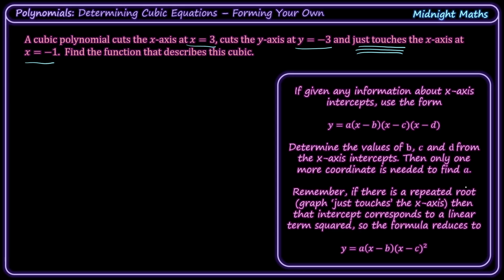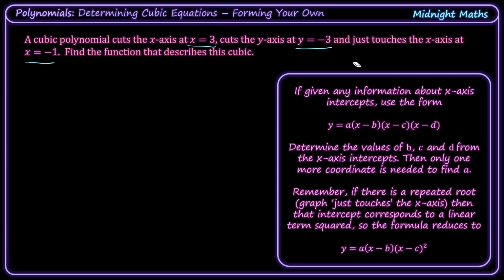That's a sign that there's a repeated root, and that corresponds to one of the linear terms being squared. So the formula starts to look like this instead. So one of the brackets actually is squared, and there's one less bracket overall. Well, I guess it's still the same amount of brackets if we had written it out like this, but it would just mean that there's only one less variable if we write it in the squared form.